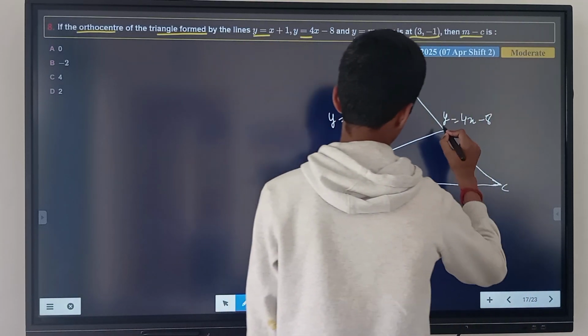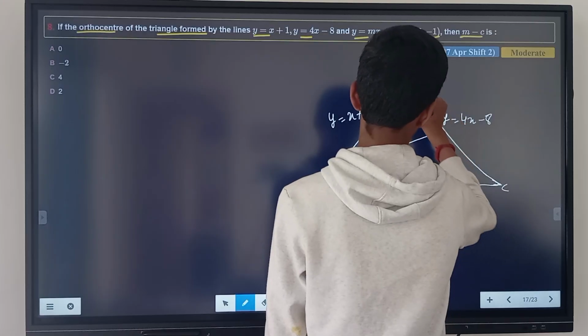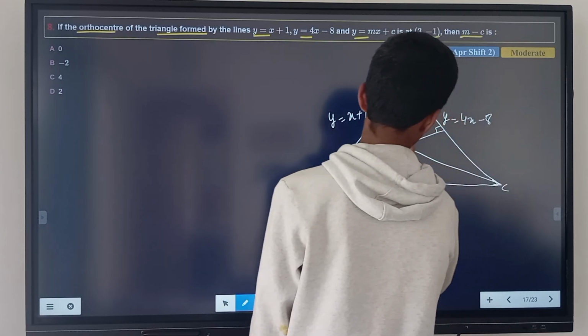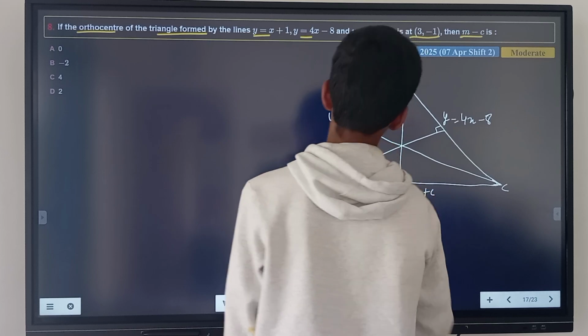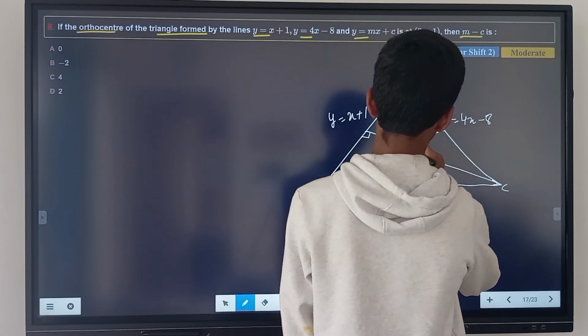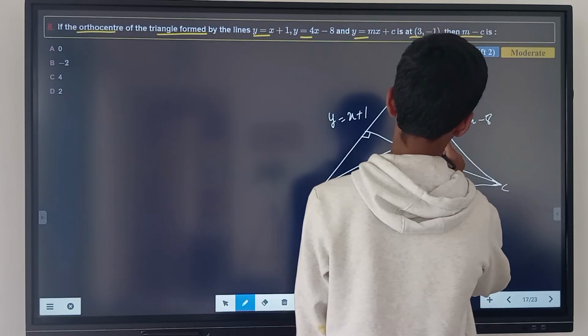Now let's make an orthocenter here. Here we have our orthocenter, let's say H at (3, minus 1).